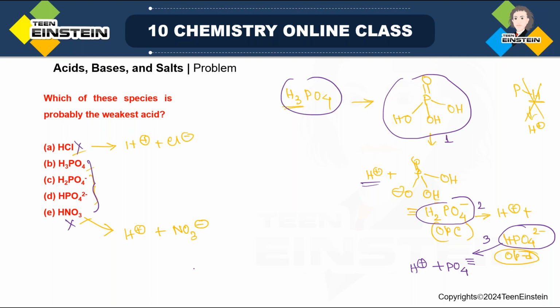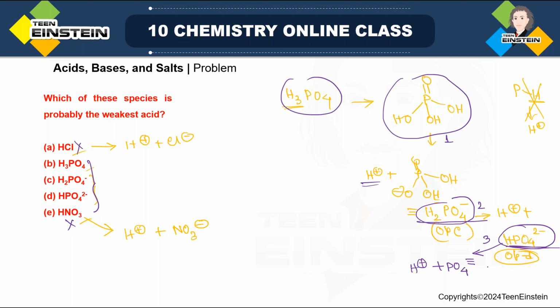Among these three species, B, C, D, H3PO4 will be maximum acidic. And once you have reached H2PO4-, it is also an acid. Now it is a better acid than the option D species. So option D species will be the weakest acid among B, C, D, because A and E we have already cancelled, right?